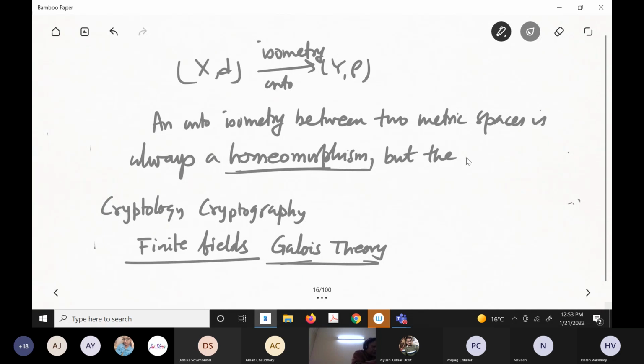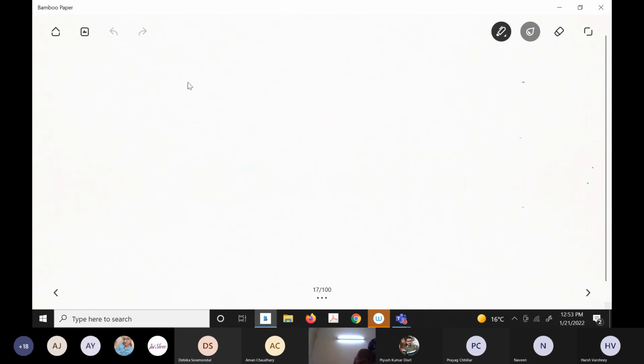So homeomorphism, but the converse need not be true. So here I want to give you an exercise. I said this, of course, is the subspace topology, that means generated by the usual metric restricted to this.